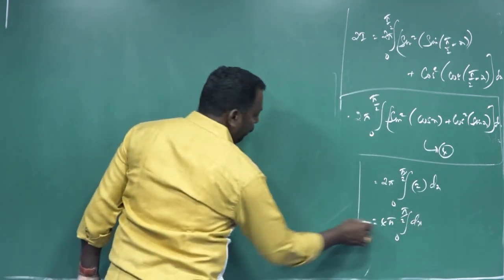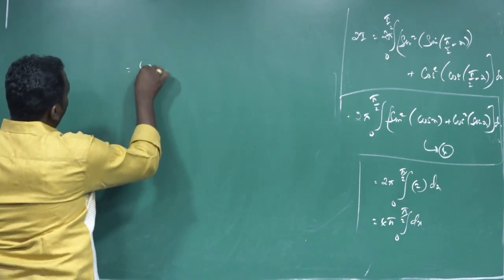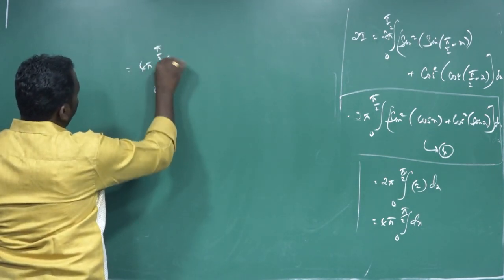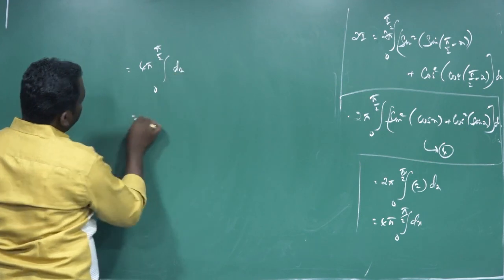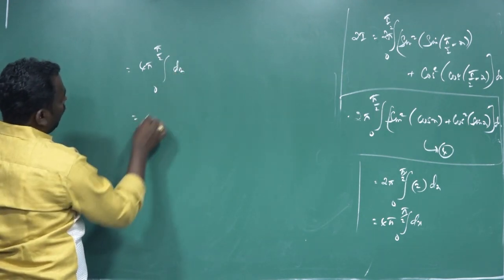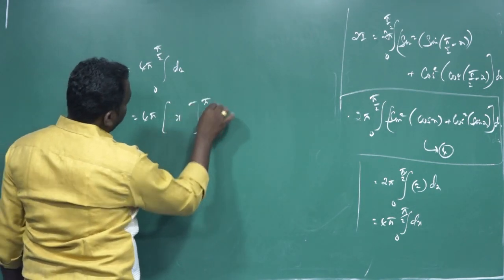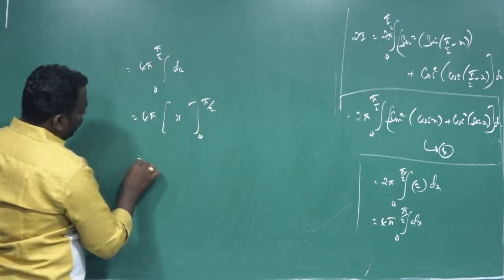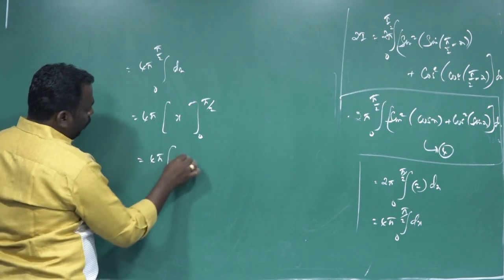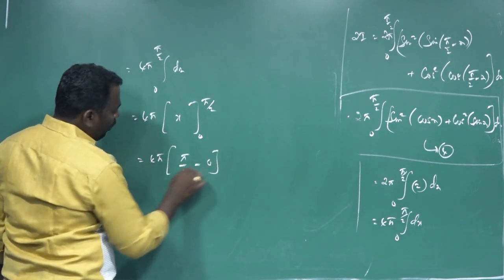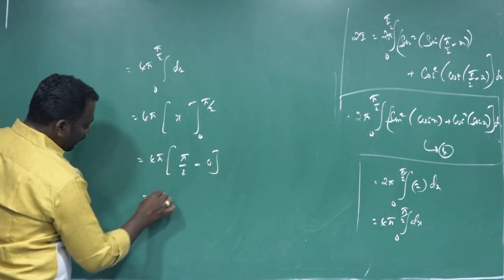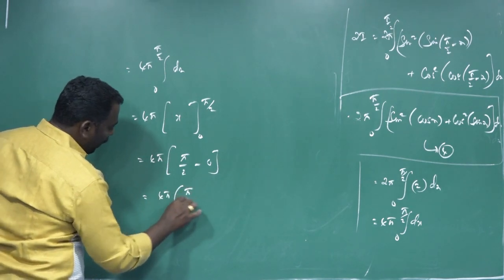Now the last line, that is equal to 4 pi integral 0 to pi by 2 into dx. Integrate the value: integration of dx equal to x, 4 pi outside, x, limits are 0 and pi by 2. Now that is equal to 4 pi, upper limit equal to pi by 2 minus lower limit equal to 0. That is equal to 4 pi within the bracket of pi by 2.